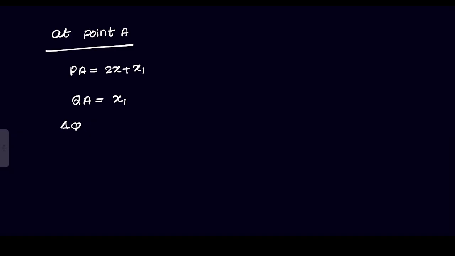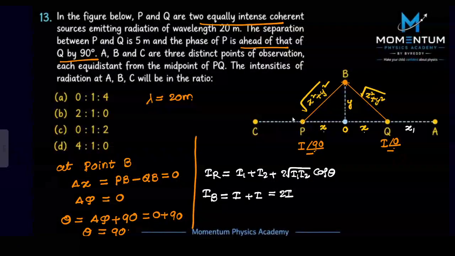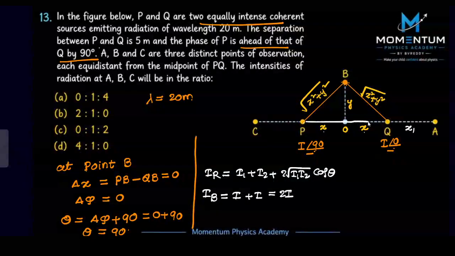So we need the path difference, delta X, which is given as PA minus QA. If we subtract, 2X will come. And X is a distance here. 2X means the P to Q distance only.